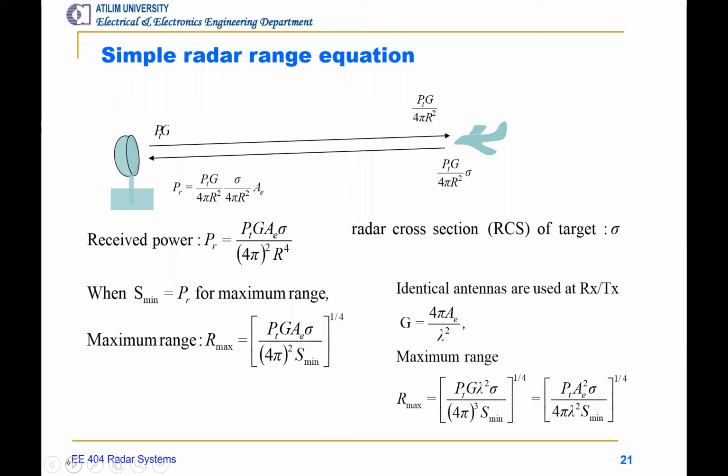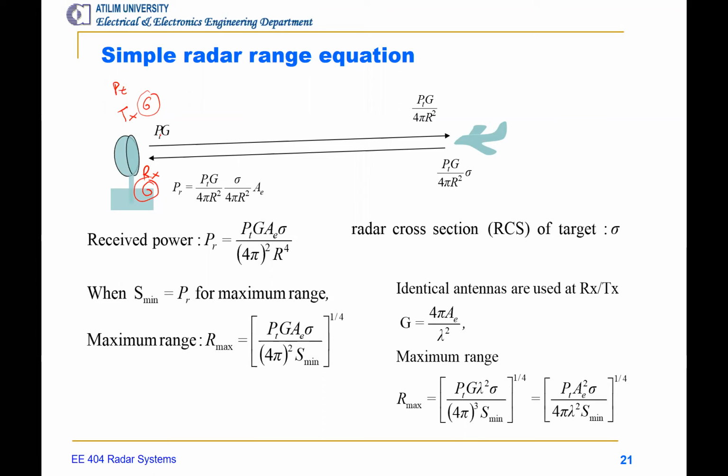Okay, let's consider a radar system which has transmit and receive modules. They are coordinated, working together. The transmit power is PT, and the gain of the transmitting antenna is G, and the receiving antenna is also G, let's say, so the same antenna, for example.